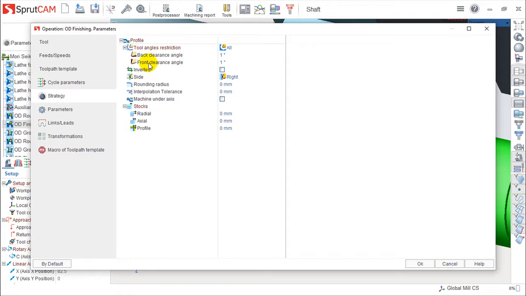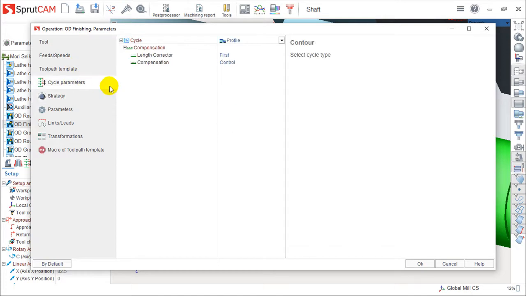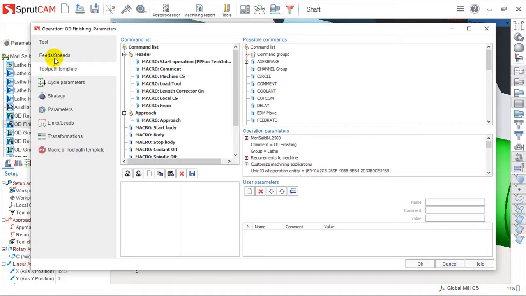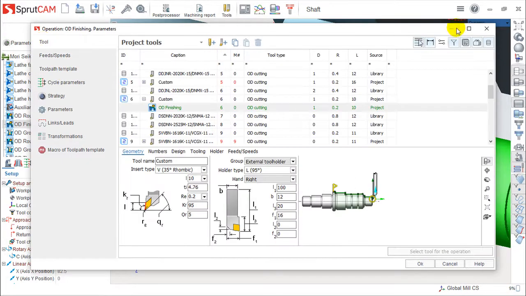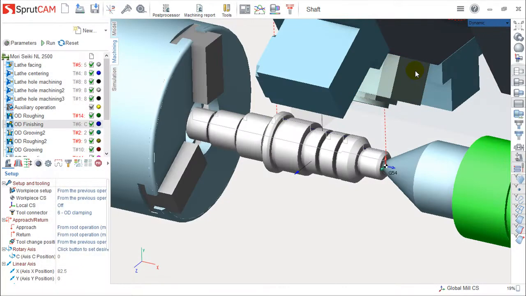For example, in strategy we have these back and front clearance angles, so very specific stuff for each of the toolpath types, but not so many things. I think if you try to explore, to create a couple of things, it will not be very difficult to understand and to start creating toolpaths.